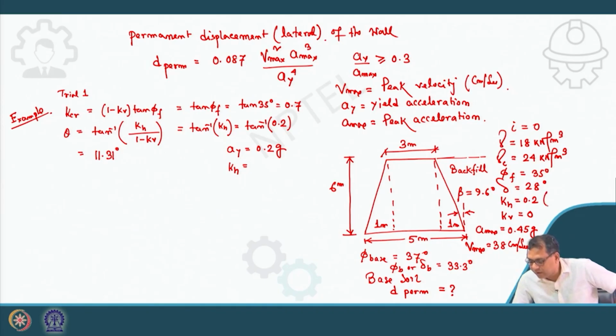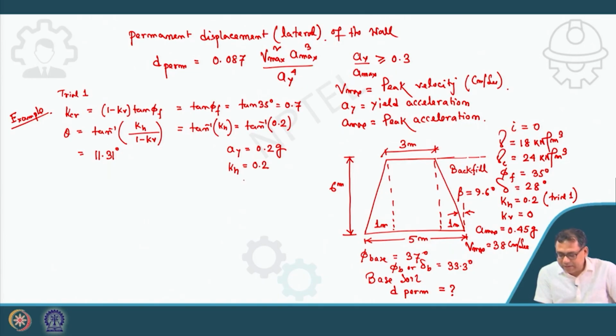This is for the first trial only. After that, we have to change it, because there is no guarantee that this 0.2 is your yield acceleration. There is no guarantee. So, for trial 1, we have taken KH equal to 0.2.